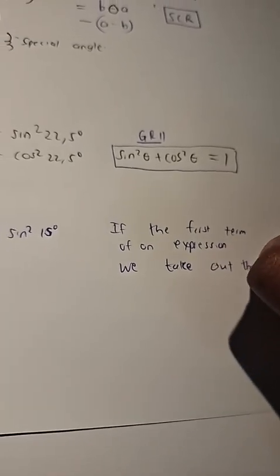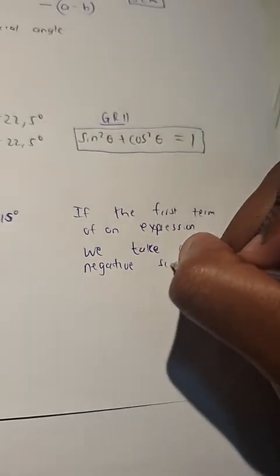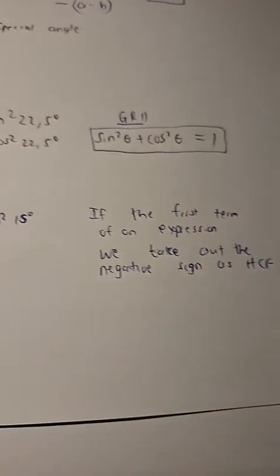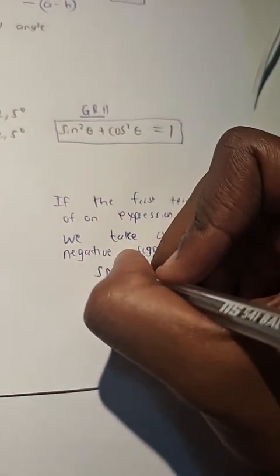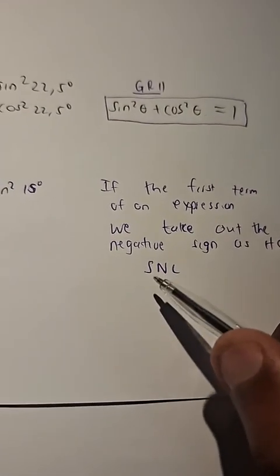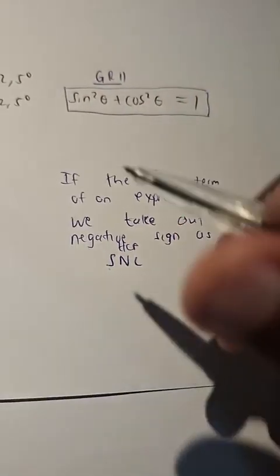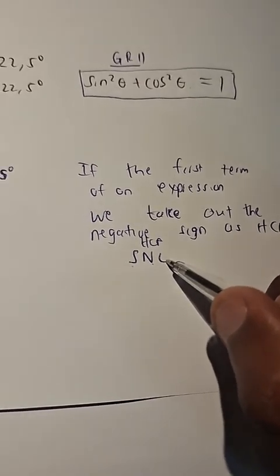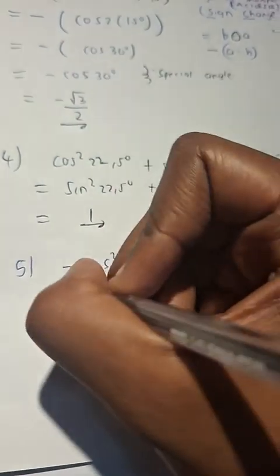We take out the what? The negative sign as a HCF. Okay, so yeah, because when we are dealing with highest common factor factorization, we take out the highest common factor sign, we take out the highest common factor number, we take out the highest common factor letter or variable. So in this case, the highest common factor sign is negative because the first term is negative. But it's negative what?